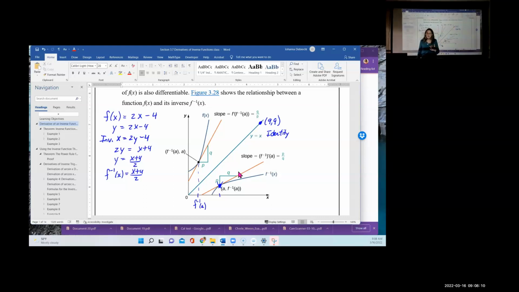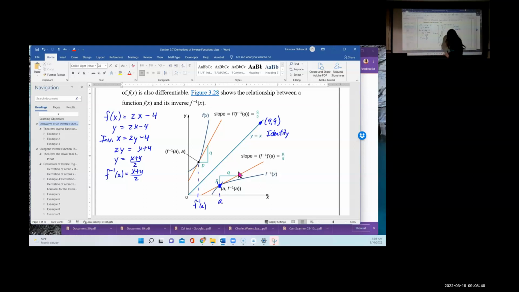Now, what we're interested in is not the slope on the original function, but the slope on the inverse function. So we want to come down here and compare what's happening on the inverse function and see what's going on. So when we look at this one, because it inverts the x and the y coordinates, the slope on the inverse function, which is F inverse prime at A, which this is A right here, and I need to label that.